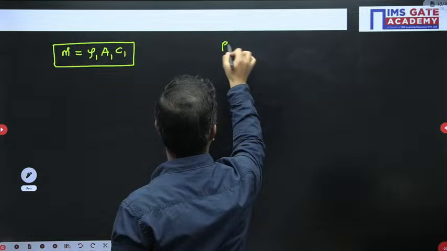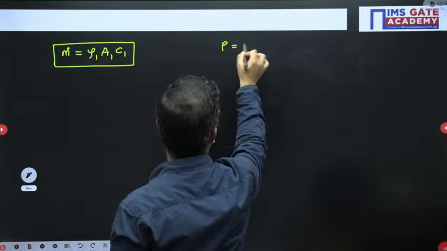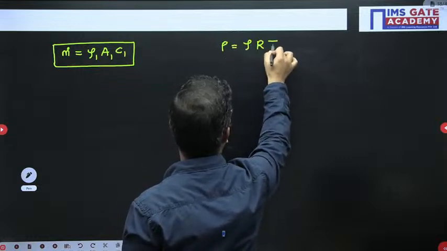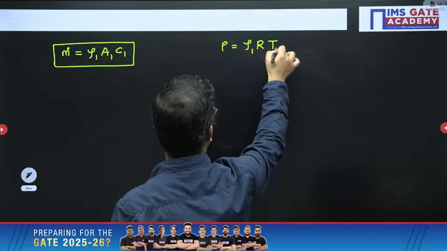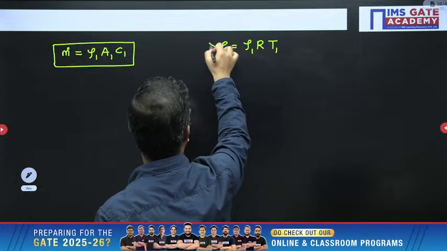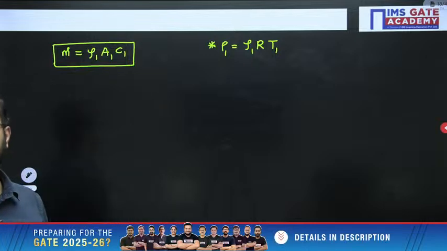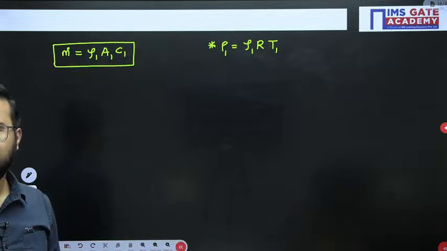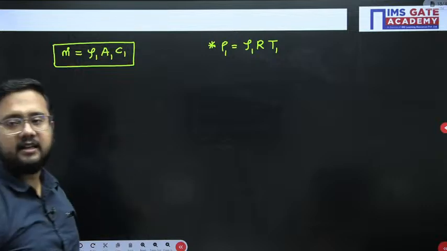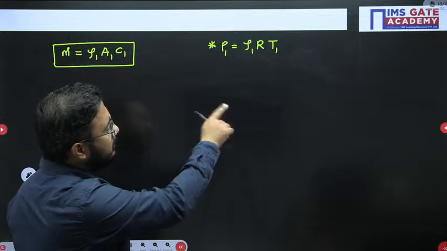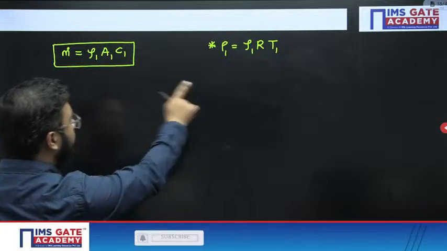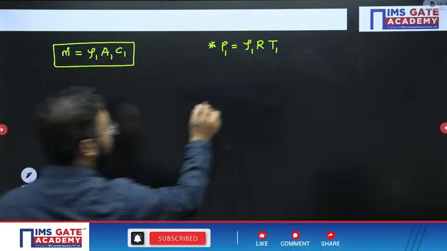So from here, P equals ρRT, P1 equals ρ1 R T1. So the ideal gas equation we will be using here to calculate the ρ1 value. Absolutely correct, Aditya.